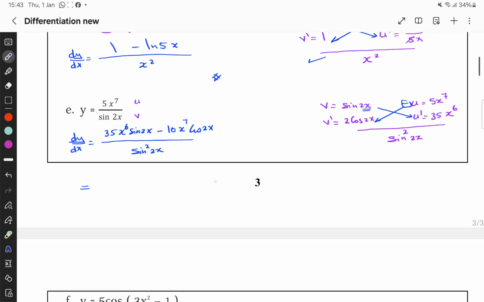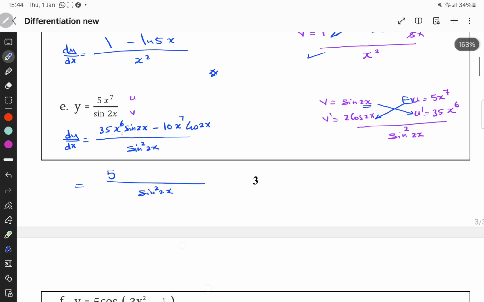If you want to make a common factor up, it's no problem. 35 and 10 are both divisible by 5. X to the power 6 and x to the power 7, so the smallest power is the common one. Then open a bracket and divide every term now by that common factor. 35 divided by 5 will be 7.